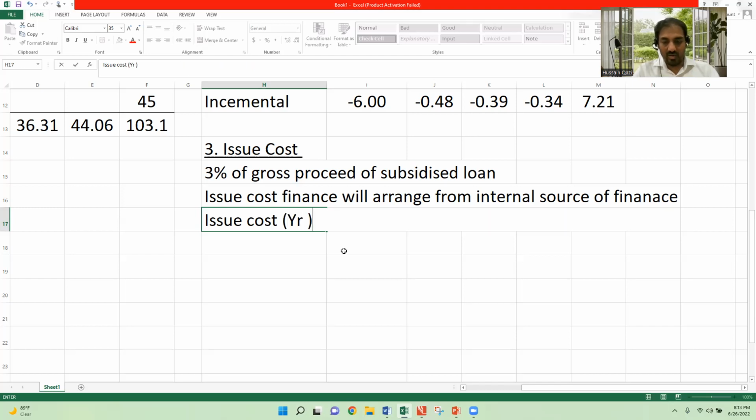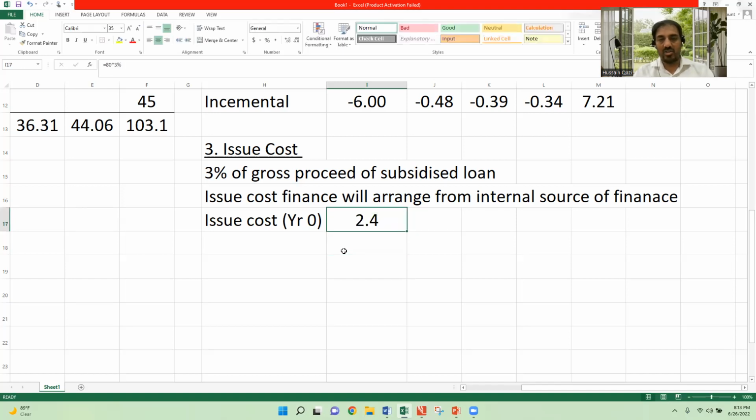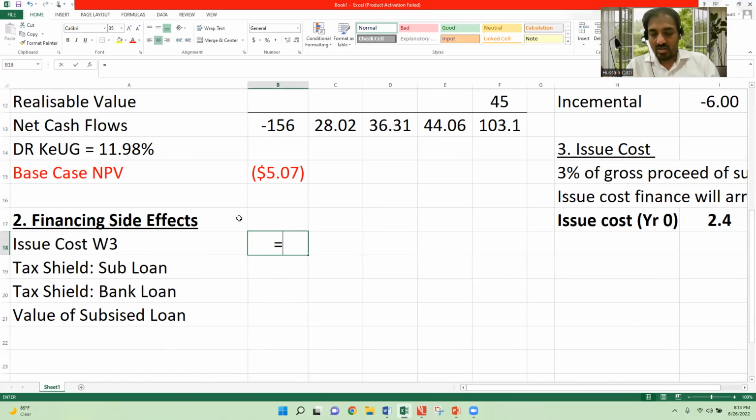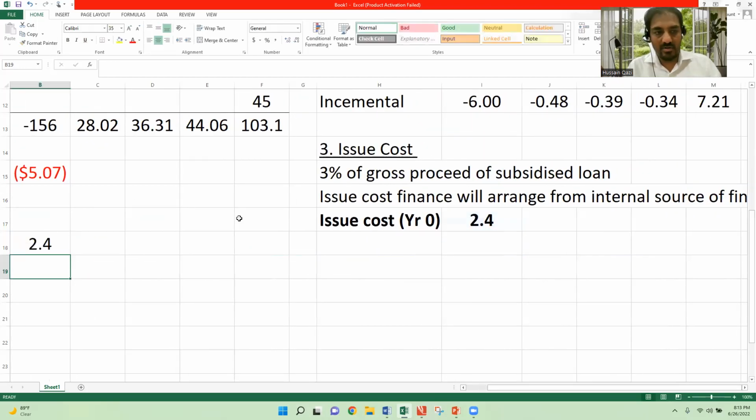At year 0, it is equal to 80 multiplied by 3%, that equals 2.4. It's very simple. No time value adjustment, because we are assuming that it will be incurred immediately. So issue cost is equal to 2.4.